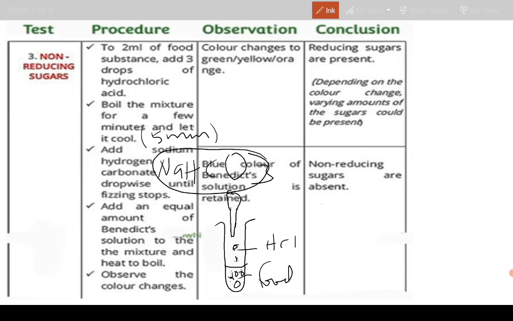Hydrochloric acid will react with sodium hydrogen carbonate. HCl is an acid and sodium hydrogen carbonate is a base.